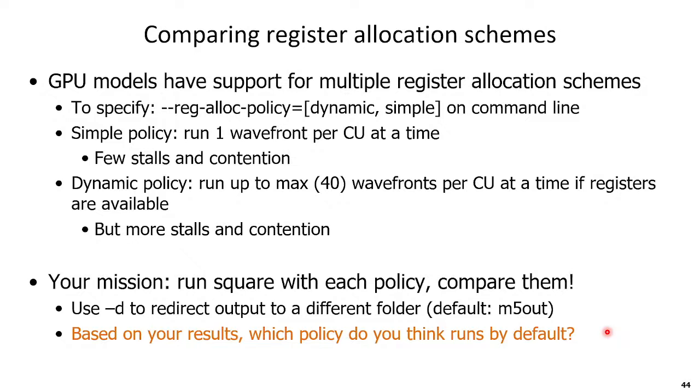But the other thing to note is the way that we do this is on the command line. What we do is we say --reg-alloc-policy, and then equals either dynamic or simple. So dynamic means run as many waves as you can. Simple means run one at a time.